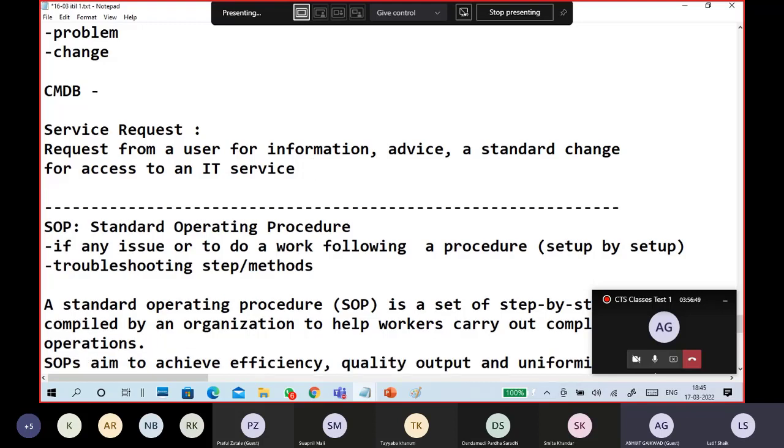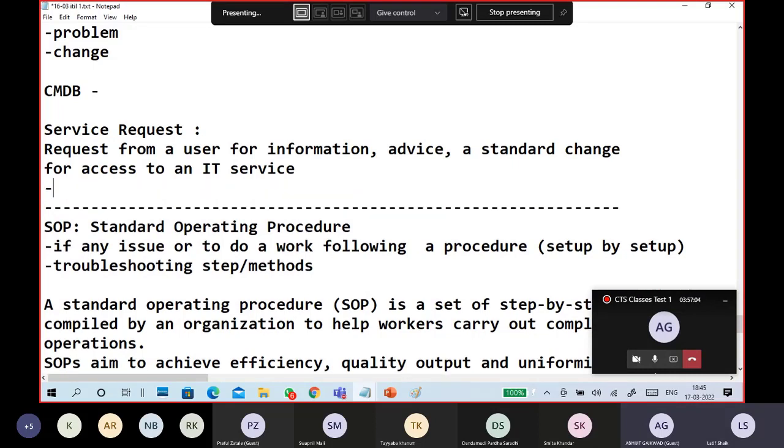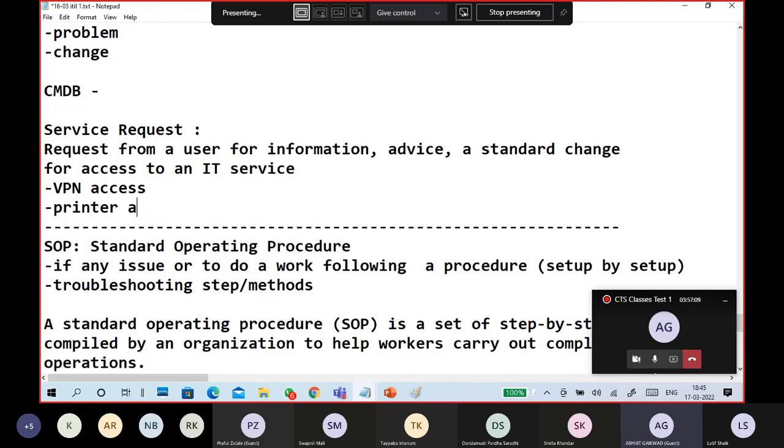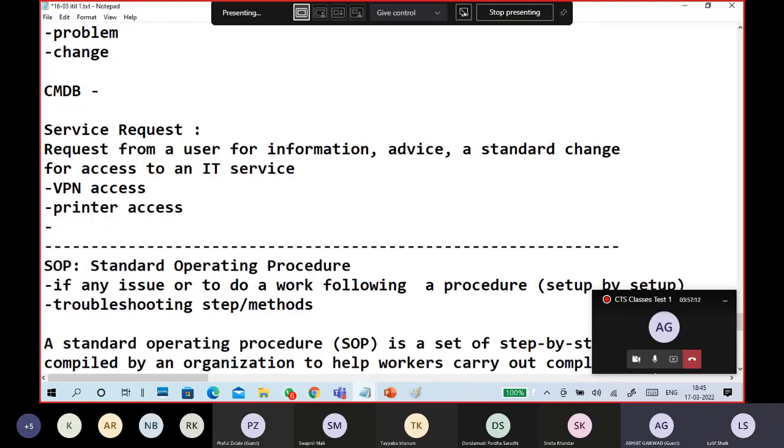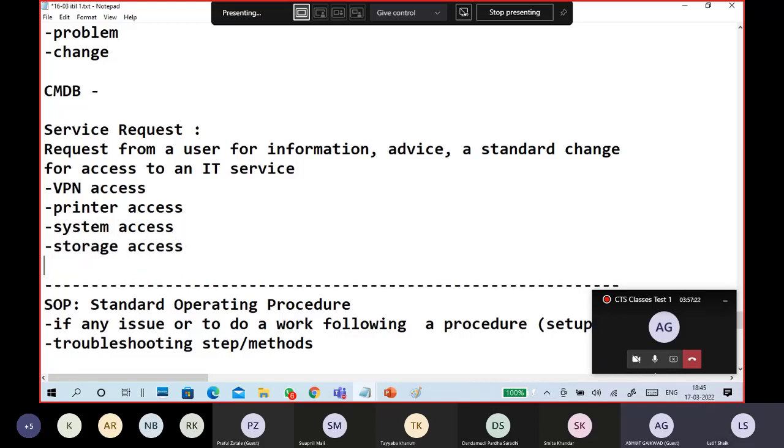Like printer access, I'm requesting printer access, okay, or VPN access permissions, VPN access, printer access, login, system access, storage access, internet access, LAN access, kind of stuff.